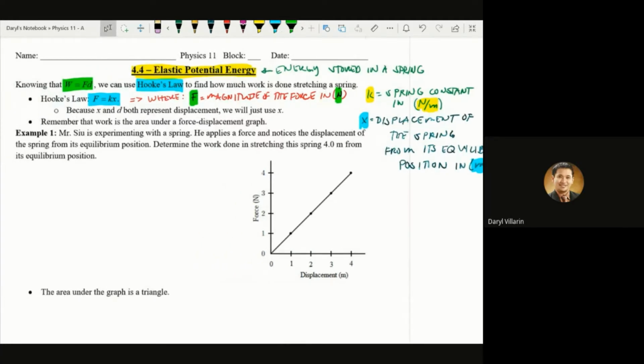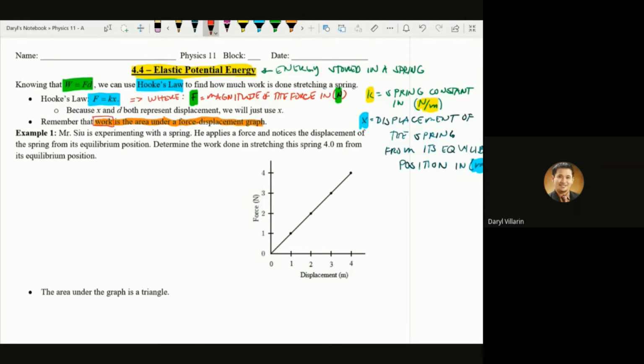Okay, and we learned in the past that if we are given a force-displacement graph, the area under its curve is equivalent to work.